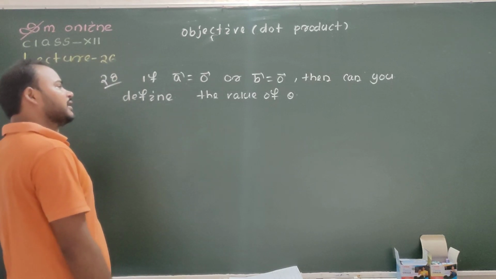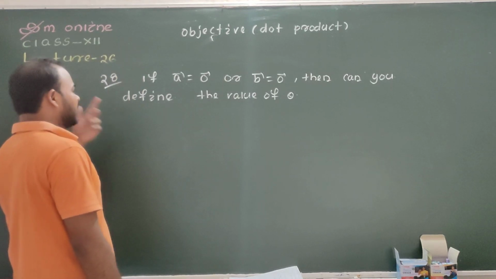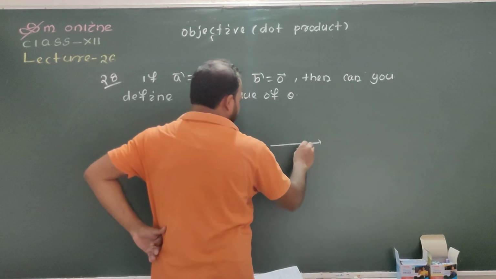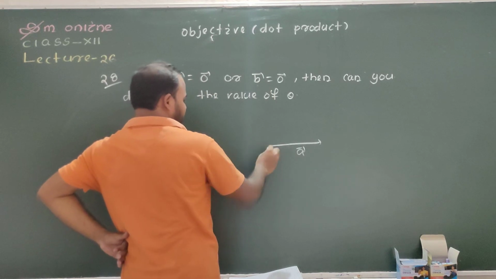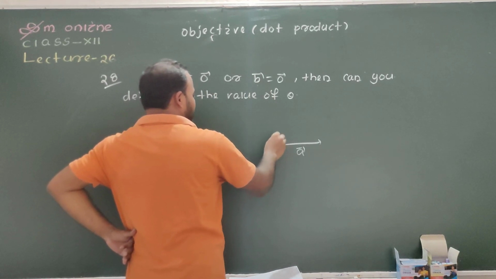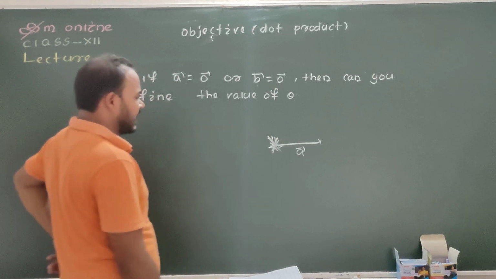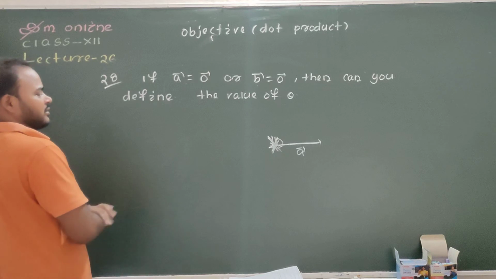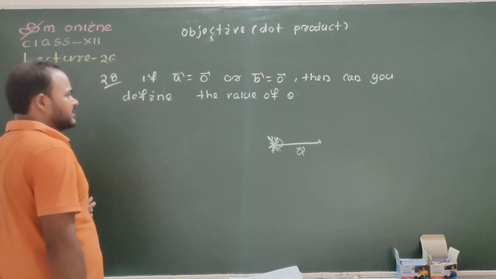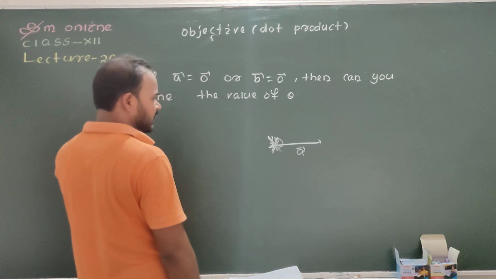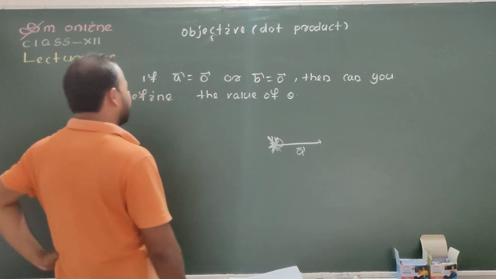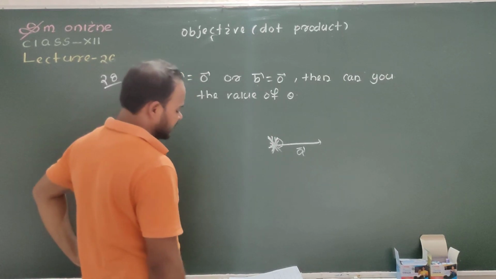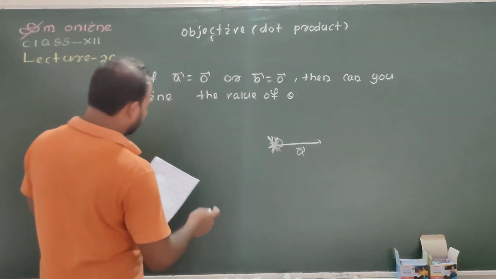Suppose this is vector A and let vector B equal 0 vector. For a 0 vector, the direction is arbitrary, so theta does not matter. We cannot find the value of theta. That means if vector A equals 0 vector or vector B equals 0 vector, then we cannot define the value of theta because theta is not defined. Theta does not exist. So the answer is no.